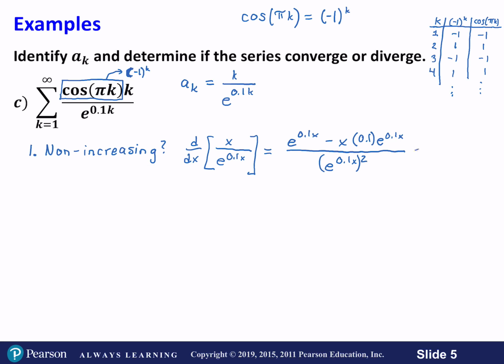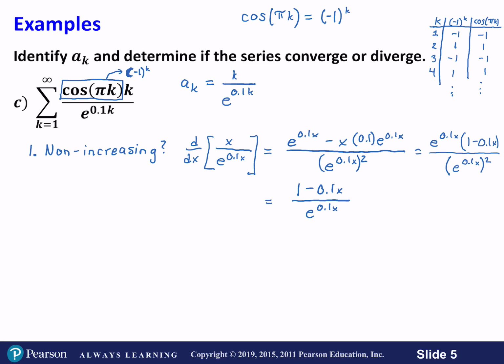If we factor out an e to the 0.1x on top, we get 1 minus 0.1x, and then still divided by e to the 0.1x squared. Since there's an e to the 0.1x on top and on bottom, those can cancel out, and we are just left with 1 minus 0.1x over e to the 0.1x.